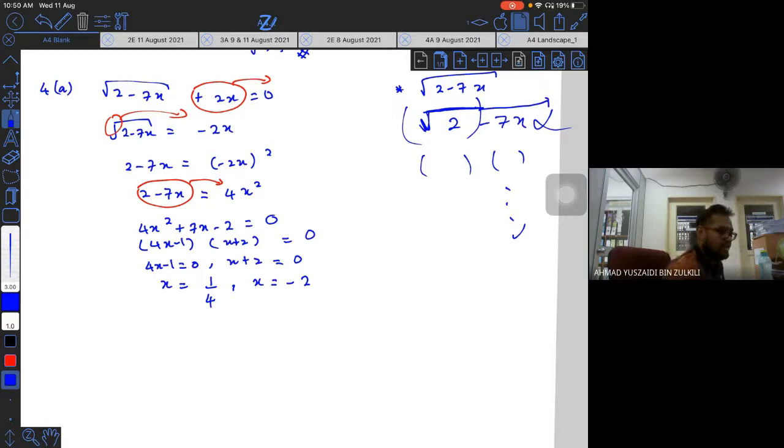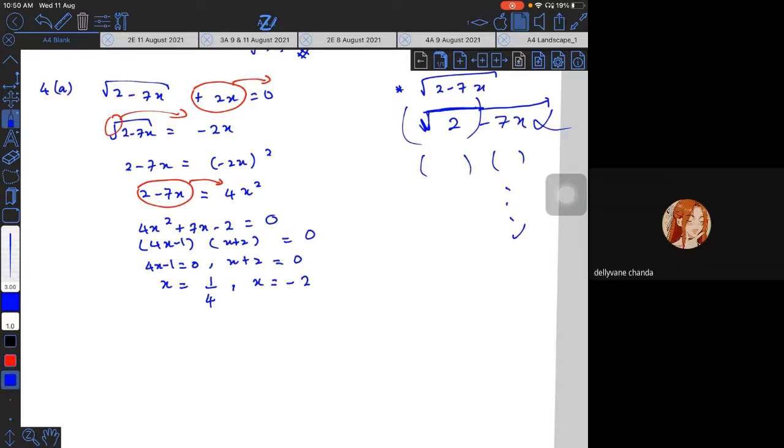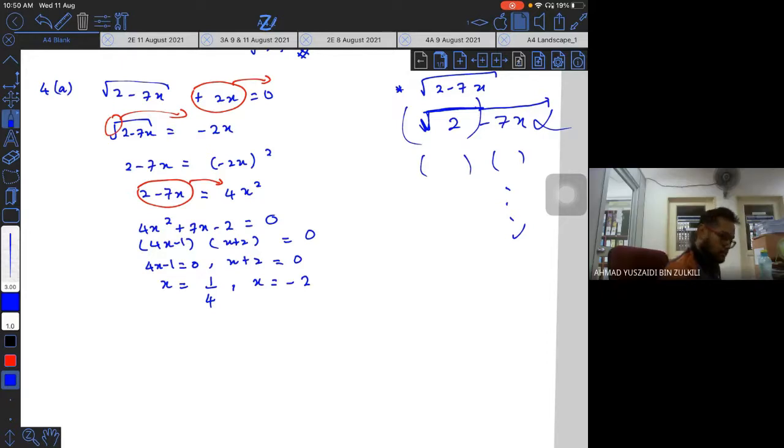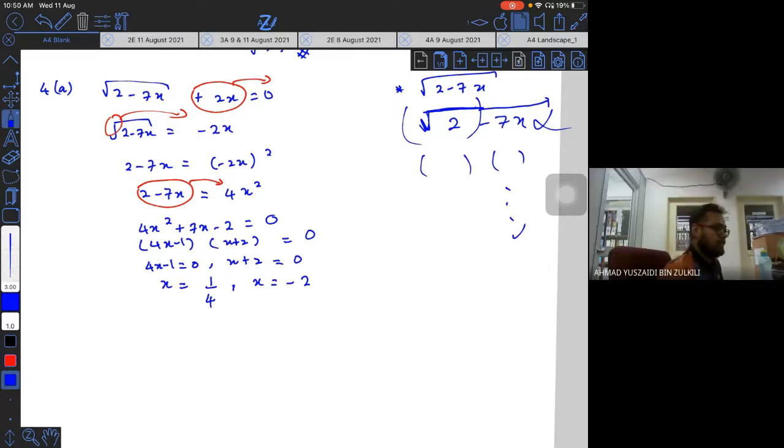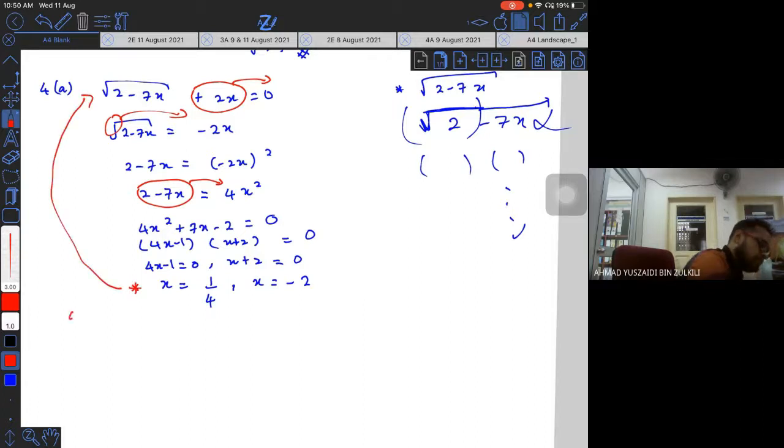So is that your final answer? No. Why? Because for 1 over 4, the answer will be negative. Yes, correct. So remember, when you get this, you need to substitute back into the initial equation.